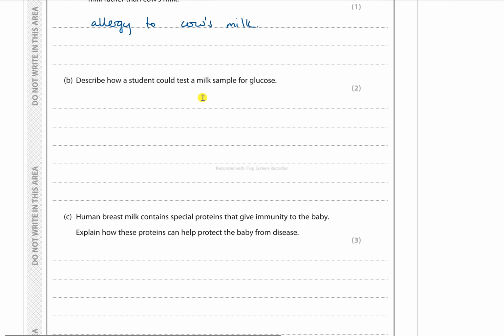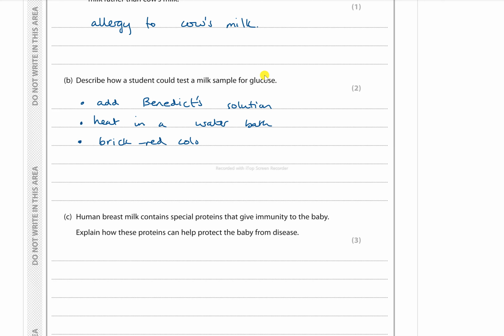This is something a student could test, right? What you do, you add Benedict's solution, heat in a water bath, and it should turn brick red, depending on the amount.